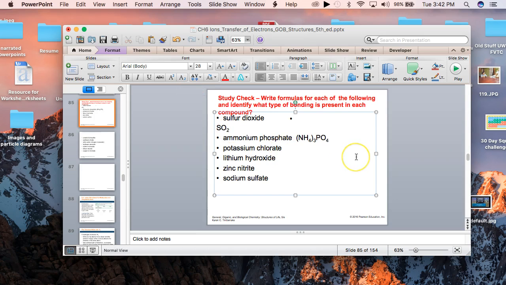All right, potassium chlorate, potassium is K, chlorate is ClO3.